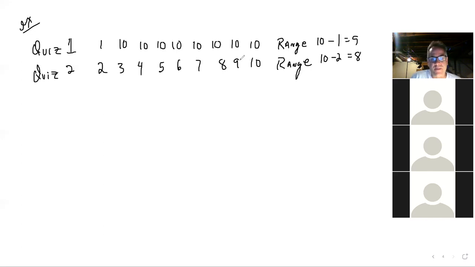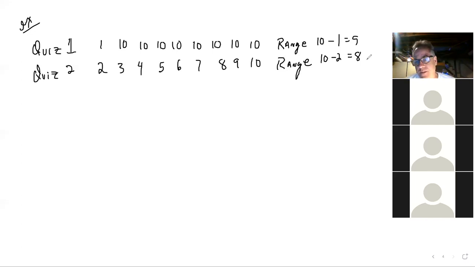As a matter of fact, if you consider the 1 to be an outlier, because it's way different than any of the other 8 scores, then there's no variation if you exclude it, because then all the scores are 10. Whereas in quiz 2 they're much more spread out, but the range would not really give you that indication.